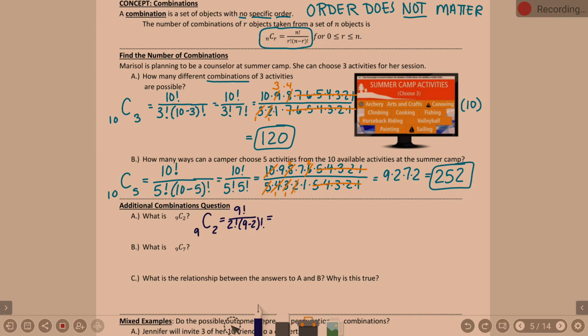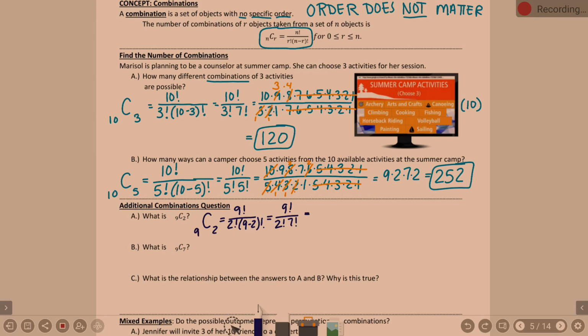So if you want to clean that up, it's 9 factorial over 2 factorial times 7 factorial. Are you noticing a connection on the denominator? What do those two numbers always add up to be? Yeah, that's 9. 2 and 7 add to be 9. 5 and 5 add to be 10. 3 and 7 add to be 10. Are you noticing that connection? It's always going to be true.